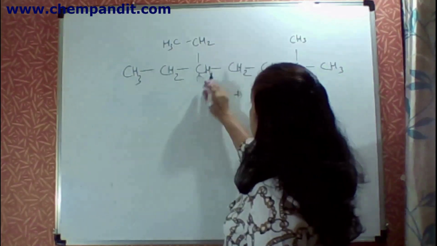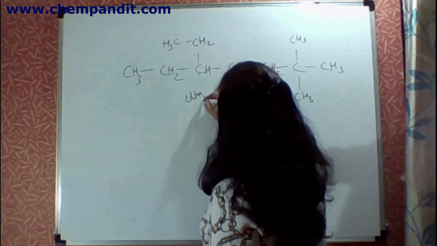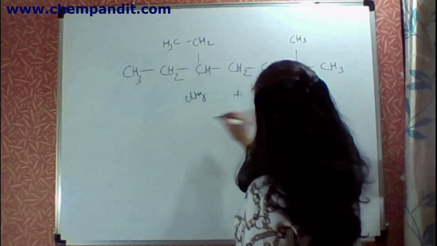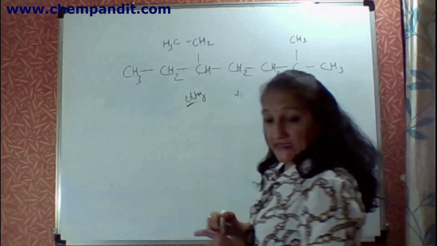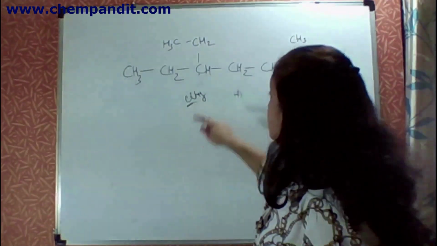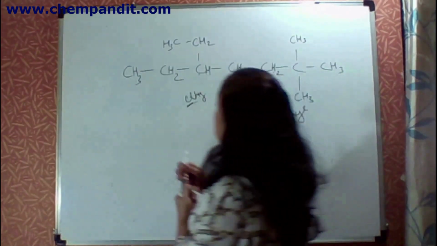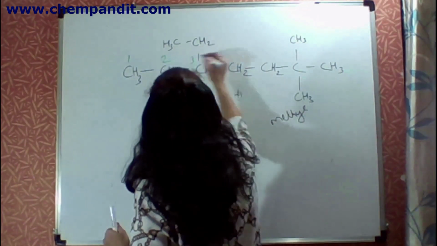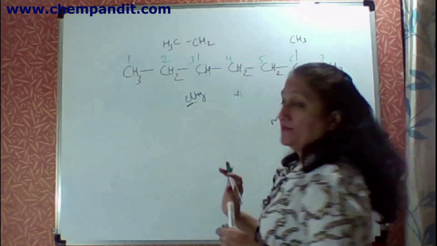Alphabetically this is an ethyl group we know, and these are methyl groups, right? So alphabetically E comes before M. So we will number this chain in such a way that this carbon atom gets the lowest number, right? So let's number it from this side 1, 2, 3, 4, 5, 6 and 7.